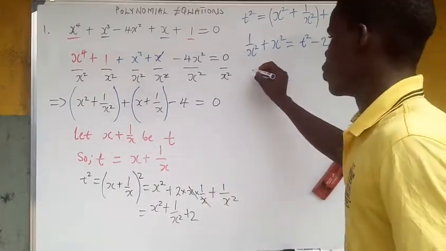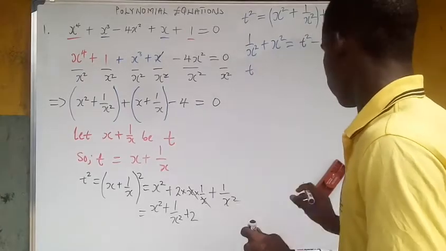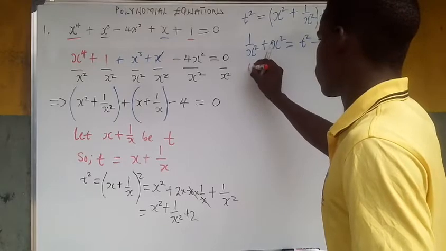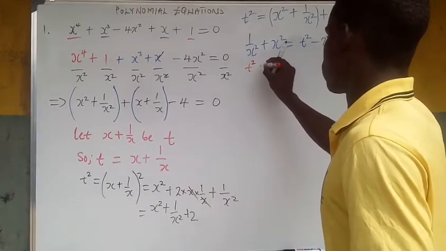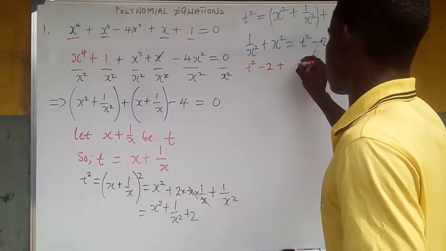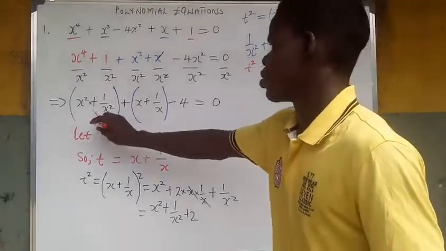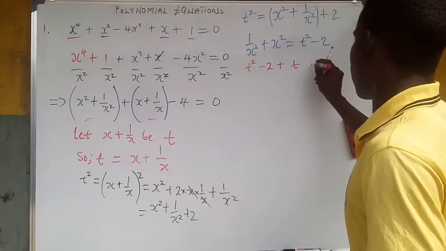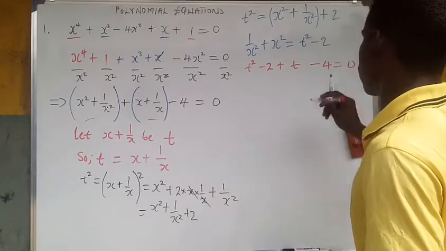So we can continue. We say t squared minus 2 plus t minus 4 equal to 0.